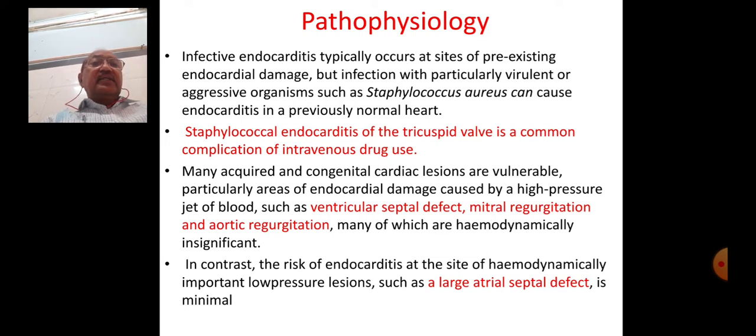Many acquired and congenital cardiac lesions are vulnerable, particularly areas of endocardial damage caused by a high pressure jet of blood, such as ventricular septal defect, mitral regurgitation, and aortic regurgitation, many of which might be hemodynamically insignificant. In contrast, the risk of endocarditis at the site of hemodynamically important low pressure lesions such as a large ASD is minimal, hardly seen.